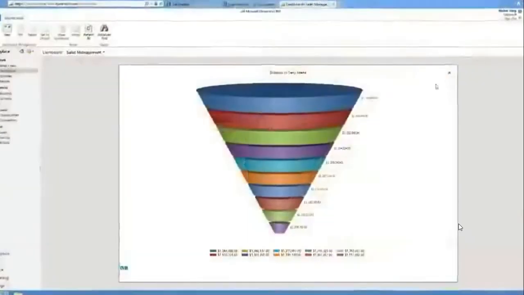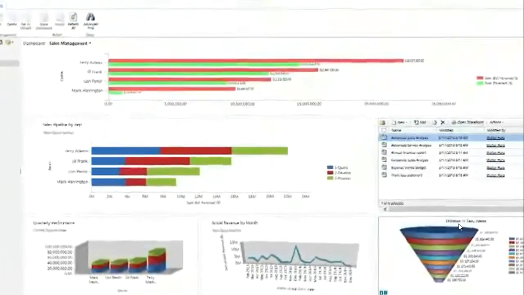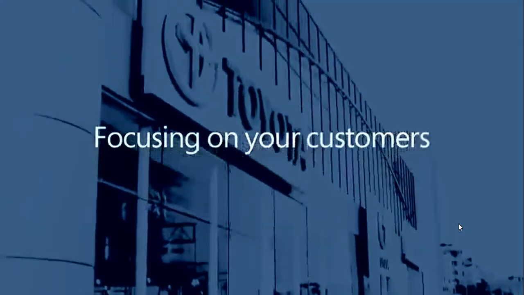After some research, we decided to work with Microsoft Dynamics, and it was very useful for us. It was easily integrated with our other systems. Microsoft Office products are usually used in our dealers and our organization. So it's not hard for our users to use Microsoft Dynamics CRM because they are familiar with the same Microsoft products.